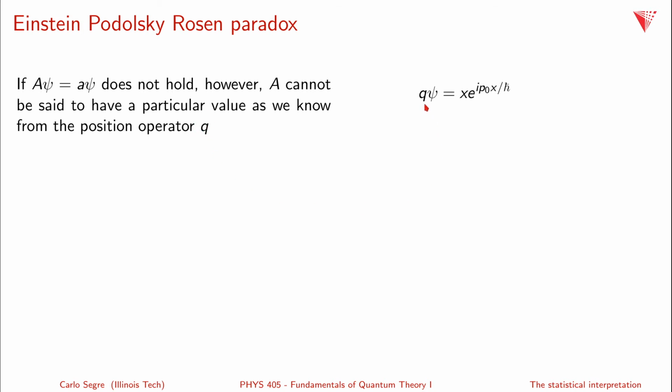We know that the Q operator applied to psi just gives you x e^(i p_0 x / ħ), and that's not equal to an eigenvalue times psi. Right? So if there's an eigenfunction of the momentum operator P, then it's not an eigenfunction of the spatial operator Q.